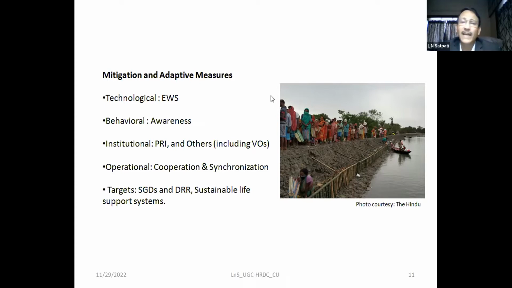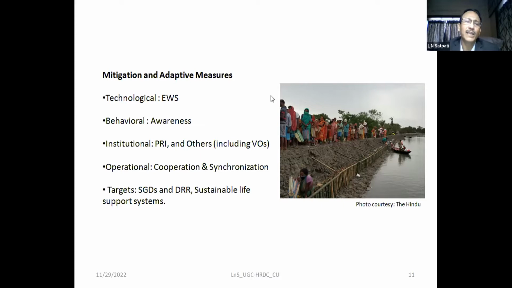But whether that is being reflected in our behavioral traits, because the aware people can take the risks also, and sometimes the risks are underestimated. So underestimated risks among the vulnerable people create some more problems.